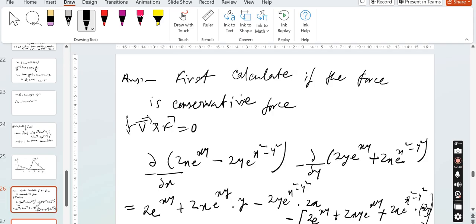So we can see that this crosses this, and this is minus. So this crosses this.